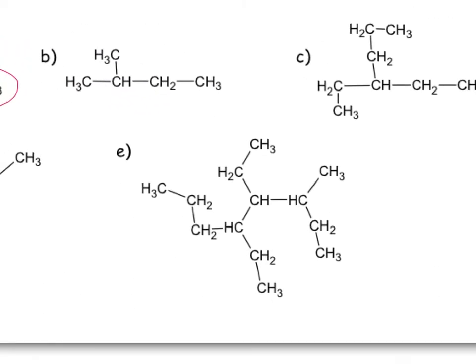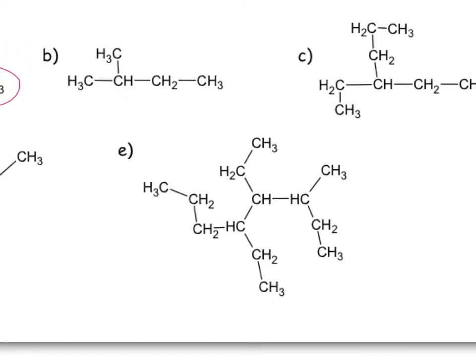Example B. My longest consecutive chain of carbons is the 4 going straight across the page. And then I have a 1 hanging off as a side chain. So the root of my name, if I've got 4 carbons, it's going to be but, single bonded together, ane. Now I need a prefix to describe that side chain. Rule number 3 says I number my carbons so that my side chain gets the lowest possible number.